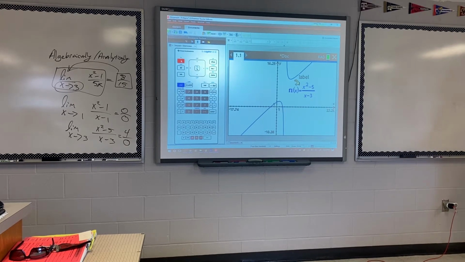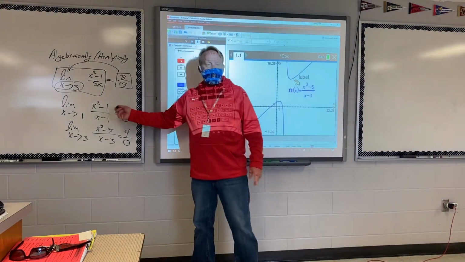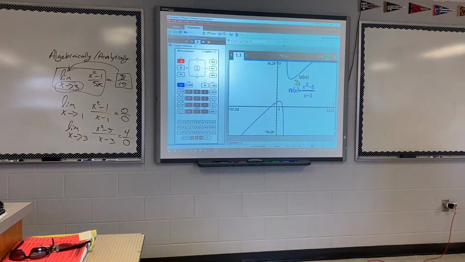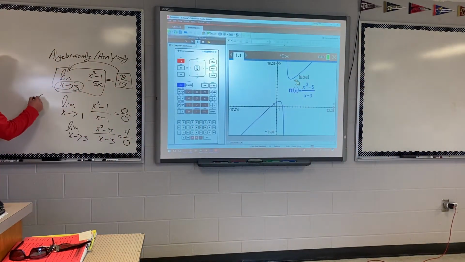Now, in the 0 over 0 scenario, what do you think's happening there? What do you think is going on with my graph at that spot if I get 0 over 0? Hole. There's a hole. Good. So, if I get 0 over 0, that means we're dealing with a hole.